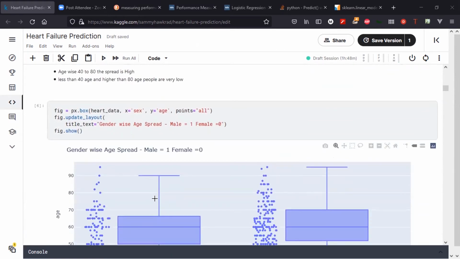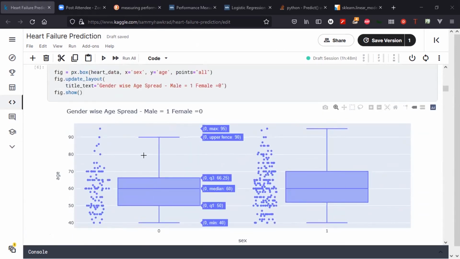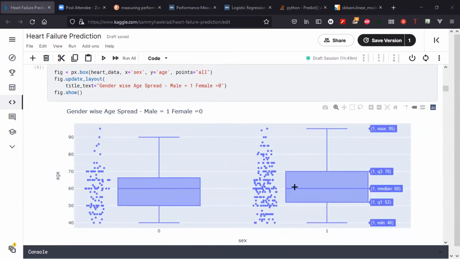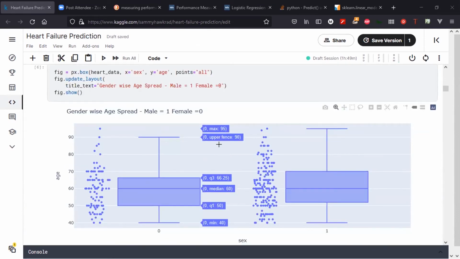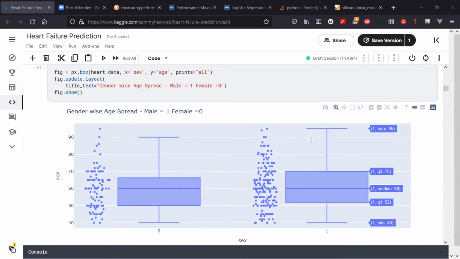So we plot to see the distribution of gender per age, and the median age is 60. For females, the highest age that we see is 95, and for males, I think, the same thing.